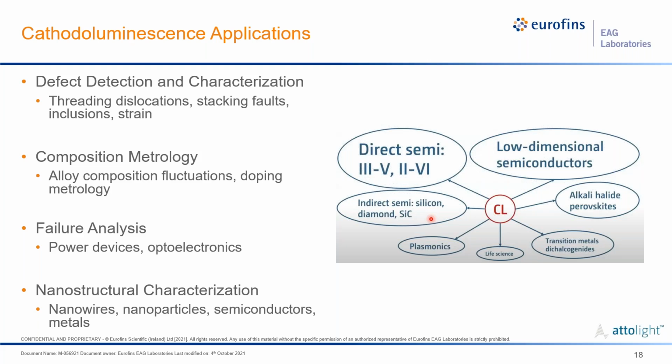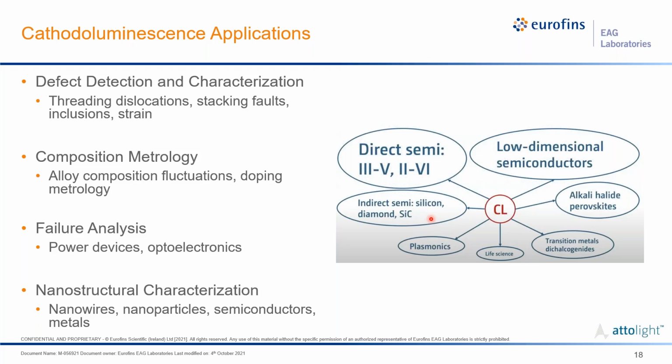So from all these different application areas, the things we're mostly going to be looking at are things like defect detection and characterization. This includes threading dislocations, stacking faults in materials, different inclusions, potentially also strain mapping.